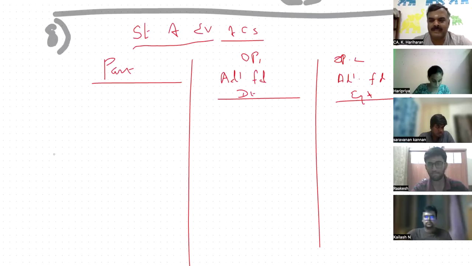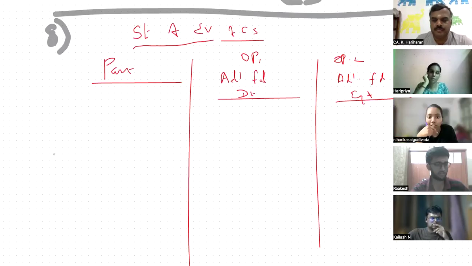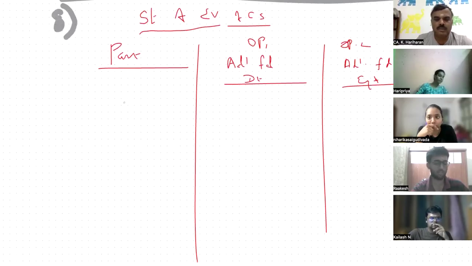How come 80 lakhs? Number of equity shares of 10 each is 8 lakh shares. 8 lakh into 10 is 80 lakhs. So 80 lakhs equity value. Total capital 3 crores.